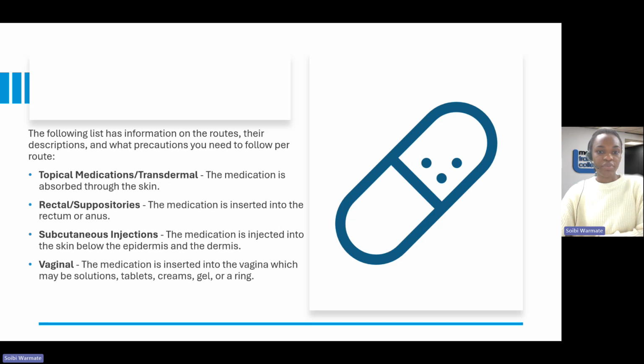We have rectal and suppositories, which are inserted through the rectum or anus. We have subcutaneous injections, which are given into the skin below the epidermis and the dermis. And we also have vaginal medications, which are given through the vagina, and this can be solutions, tablets, creams, gels, or rings.